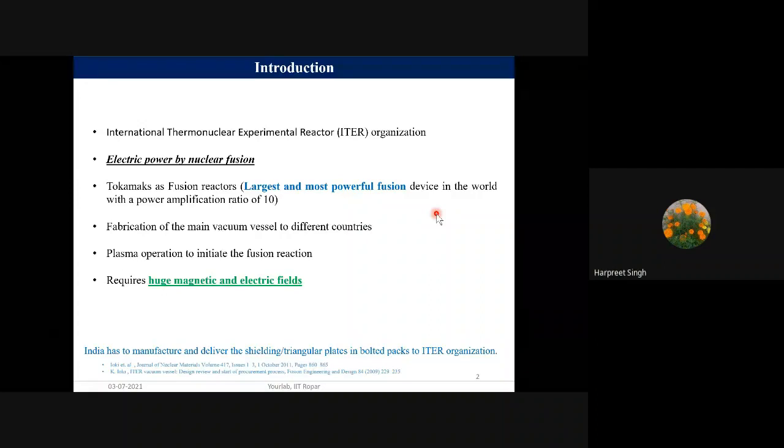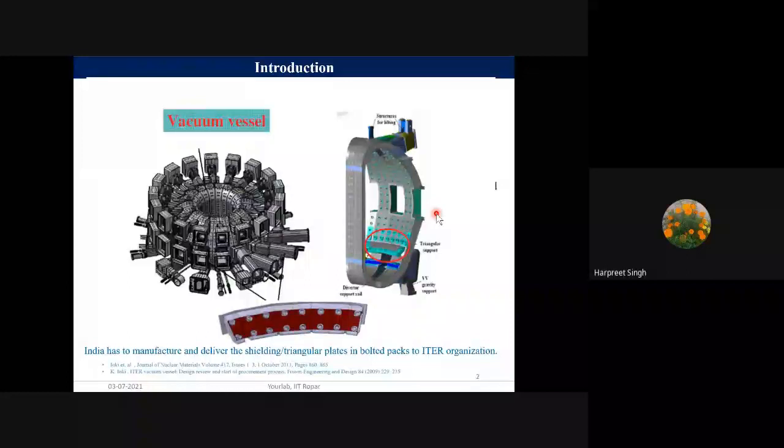The vacuum vessel is important because plasma operation will take place here itself, which will initiate the fusion reaction. Here we will need a huge magnitude of magnetic and electric fields to stabilize this plasma.